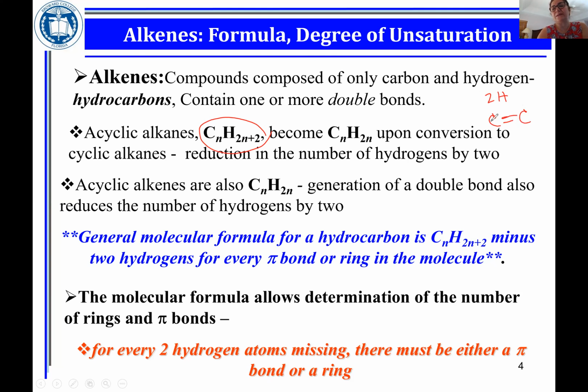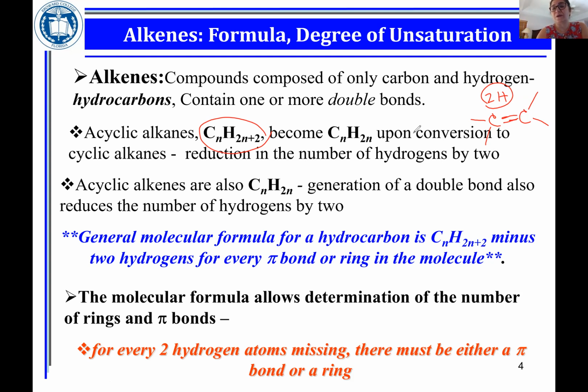So basically, when you have a pi bond, you're satisfying the number of bonds for the carbon, which is tetravalent. You're missing 2 hydrogens, so every pi bond takes care of 2 hydrogens for this molecule to be a proper Lewis structure, based on the octet and the 4 bonds that each carbon needs to have.